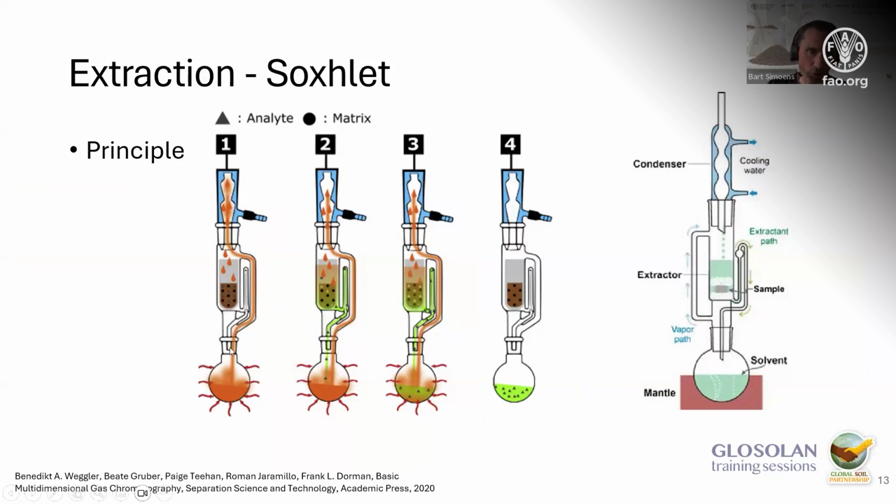And so the principle is that you heat the solvent. Usually the solvent is quite volatile, so it doesn't require a high temperature. It starts evaporating and the vapor rises through the tube on the side of the system. It comes into the cooling system where the temperature decreases below the boiling point, and the vapor of the solvent becomes a liquid.